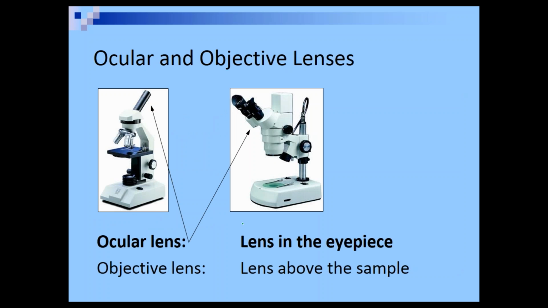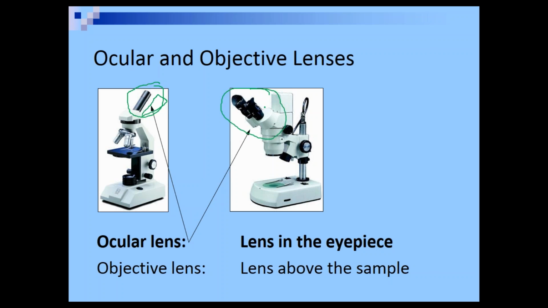Now, both of these, don't let the pictures deceive you. A stereo binocular microscope has two ocular lenses, which allows you to see the object in 3 dimensions because you're using both eyeballs. A compound microscope may have only one eyepiece if you're in 4th grade, or it could have 2 eyepieces.